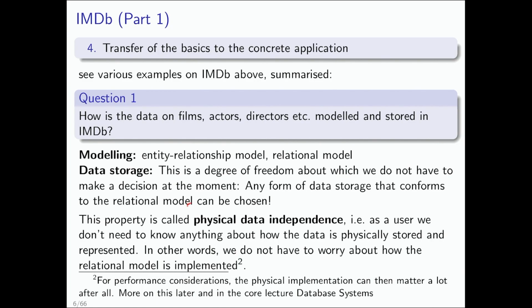That's a big strong point of database systems, because it allows us to change the physical representation later on. It also allows us to scale the system arbitrarily, and we don't have to make a decision. It's one server, it's 100 servers. It doesn't matter for the relational model, because it's completely decoupled from its physical representation.